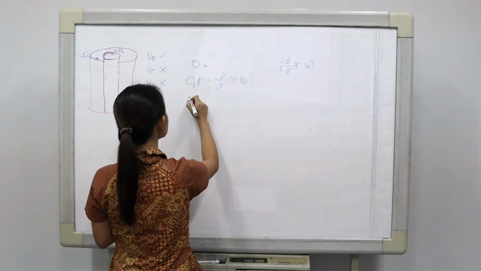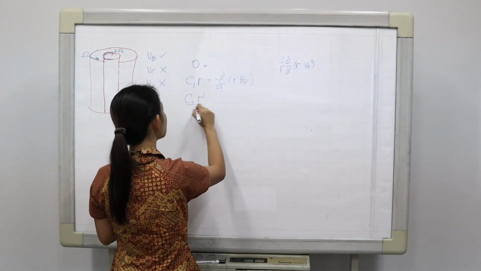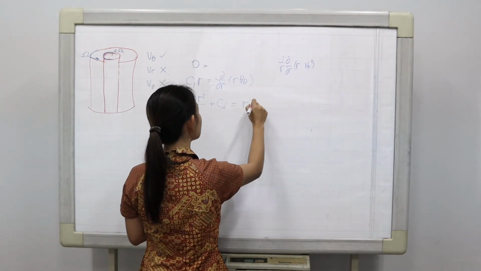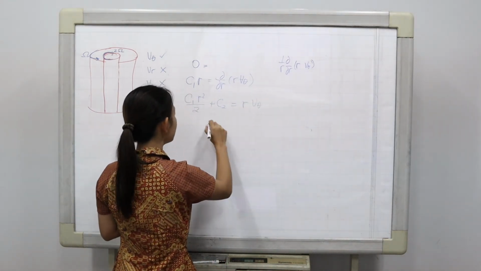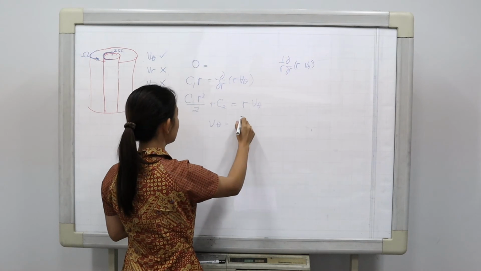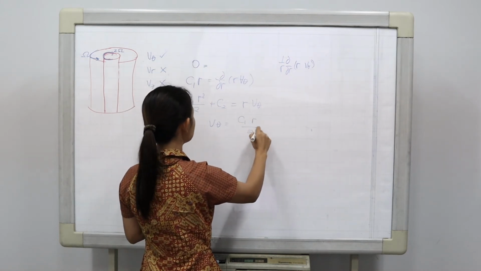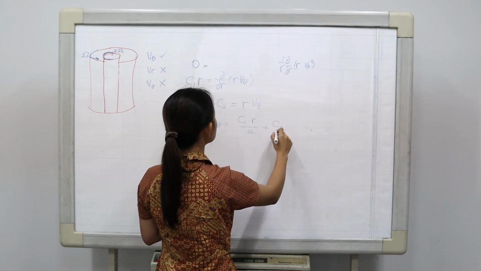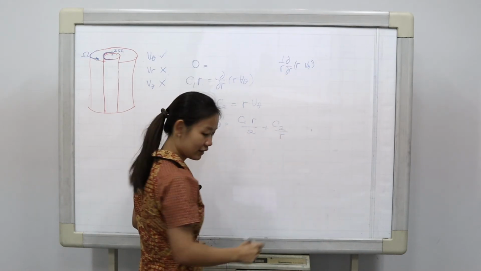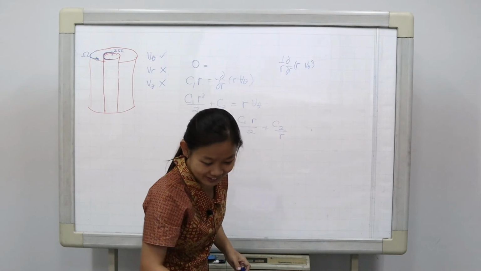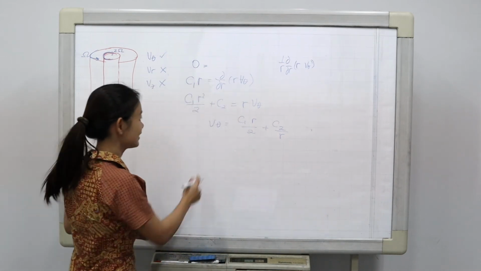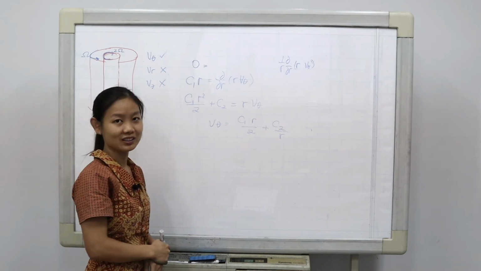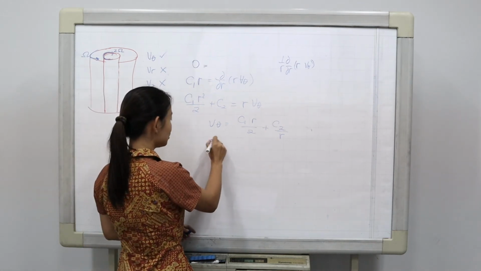Next integration: C1 r squared over 2 plus C2 equals r v theta. Then we have v theta equals C1 r divided by 2 plus C2 over r. Am I correct? Yes. So this is our velocity profile equation.